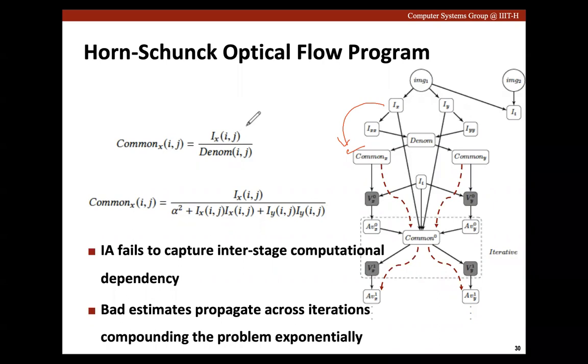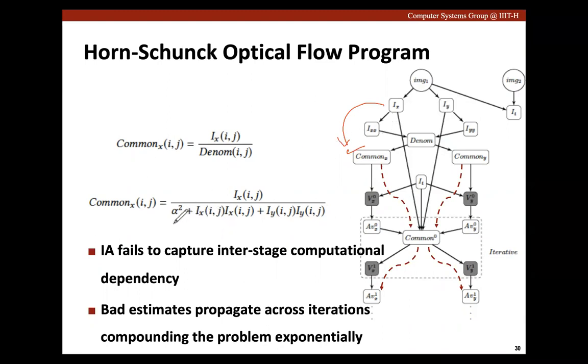If you apply affine arithmetic or range analysis on this, it doesn't quite come out, because you don't see any correlation between IX and denom. But if you expand denom, you will see that denom is a function of IXX and IYY, and IXX and IYY are in turn functions of the stages IX and IY.